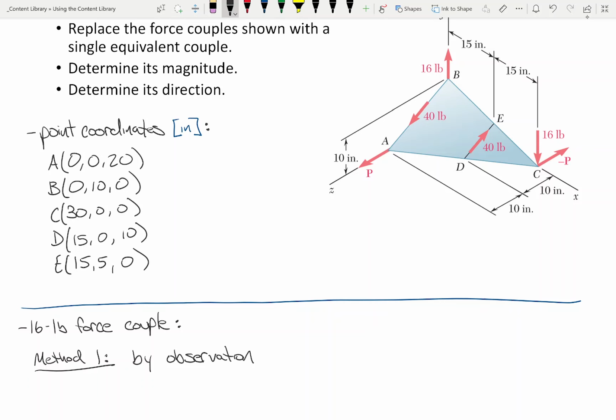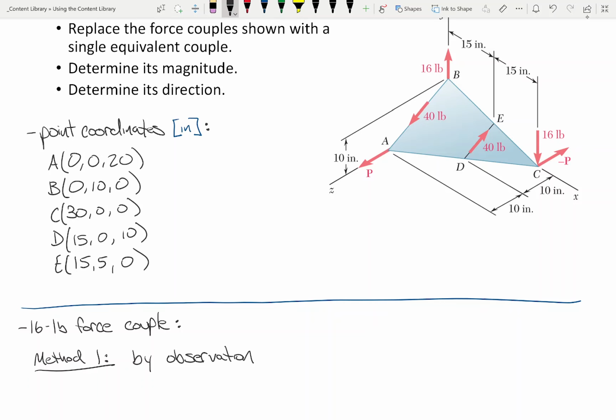Let me ask you a question. The two 16-pound forces, about which axis are they going to generate rotation? Are they going to rotate this shape about the x-axis, the y-axis, or the z-axis? The z-axis, right? Because the 16-pound force going up, this going down, is going to rotate it around the z-axis. Does everybody see that?